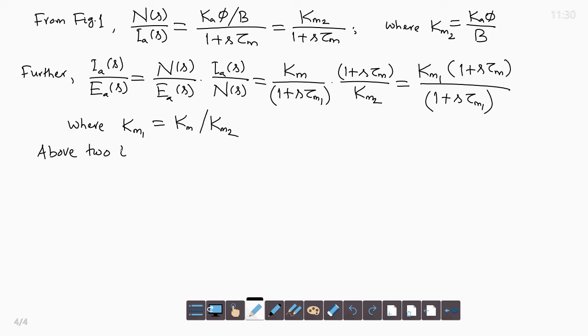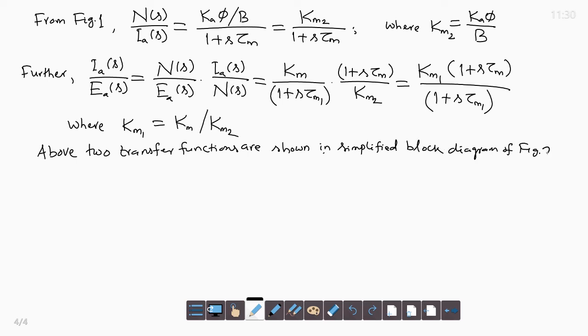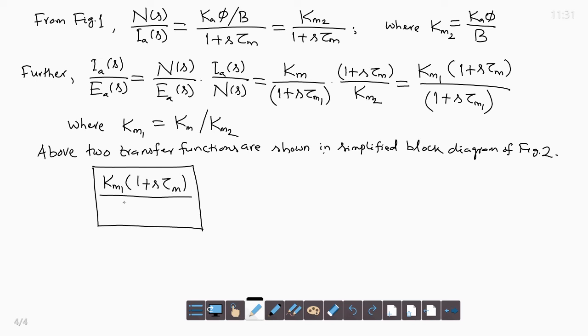So the above two transfer functions are shown in the simplified block diagram of figure 2. What is there? We have a functional block, Km1 into 1 plus sτm divided by 1 plus sτm1. Input is the applied voltage Ea(s), and output of this functional block is the armature current Ia(s).